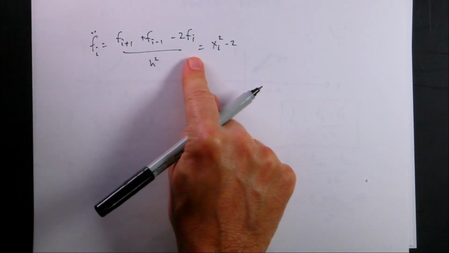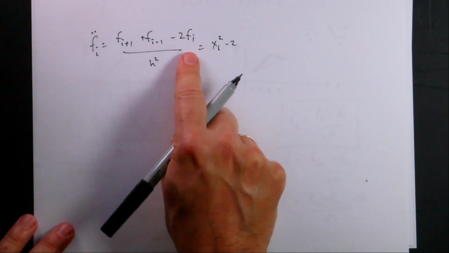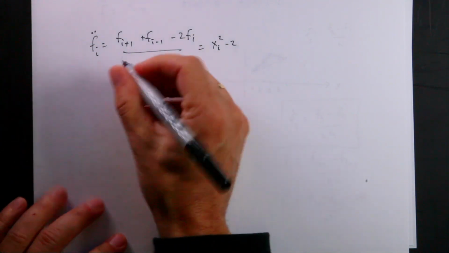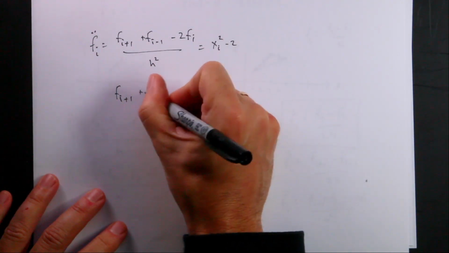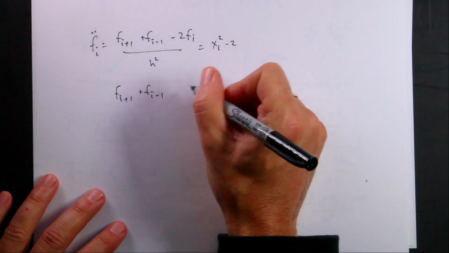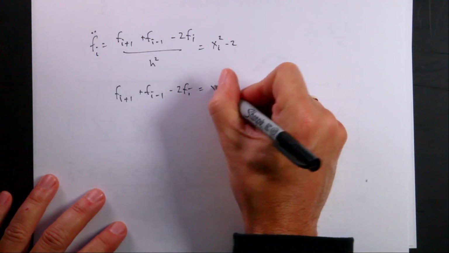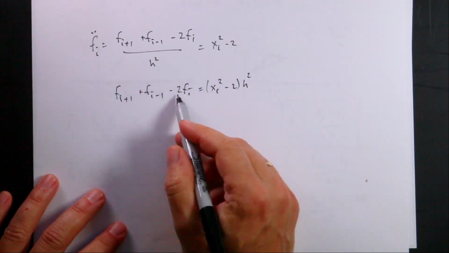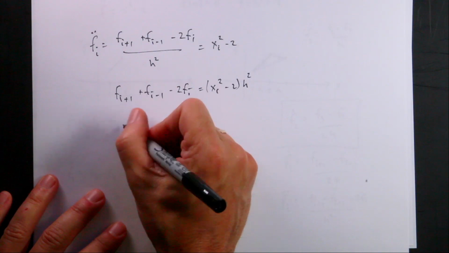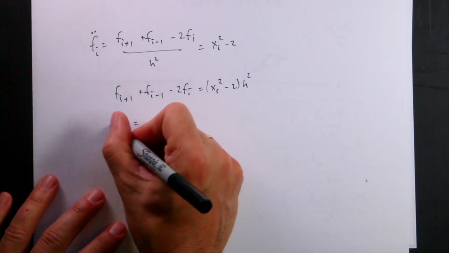So I can use this and solve for f_i. I'm going to multiply both sides by h squared. I get f_(i+1) plus f_(i-1) minus 2f_i equals h squared times (x_i squared minus 2). I won't do it all in one step.